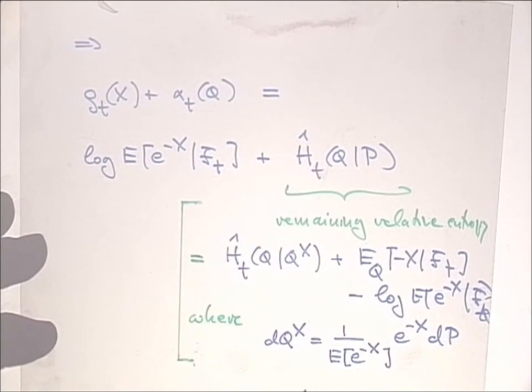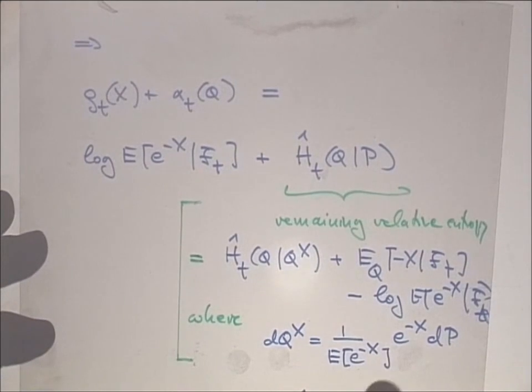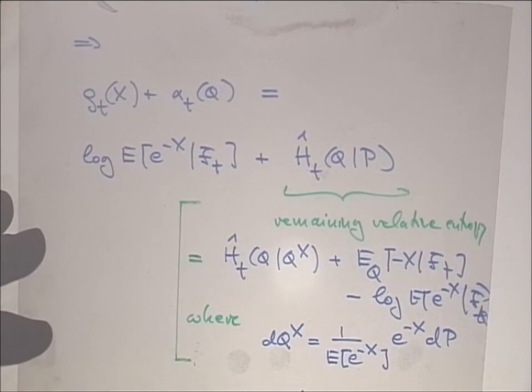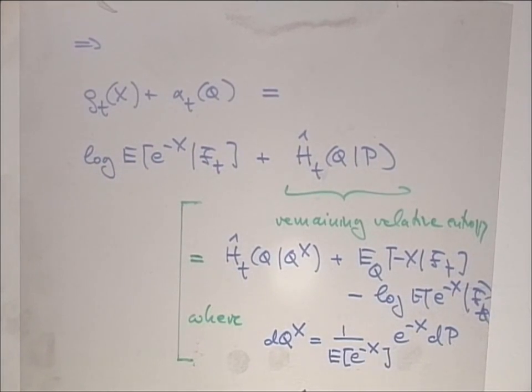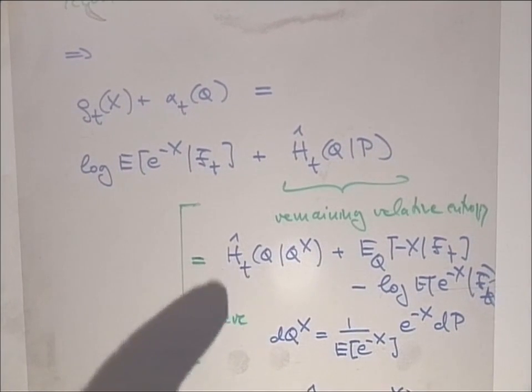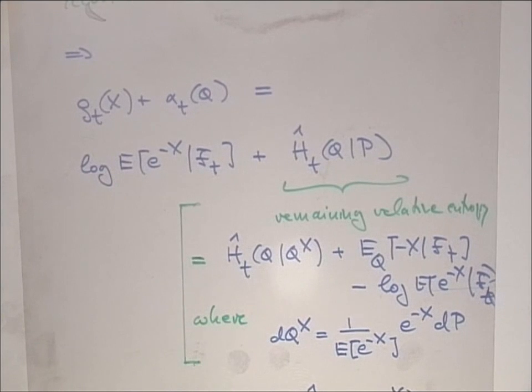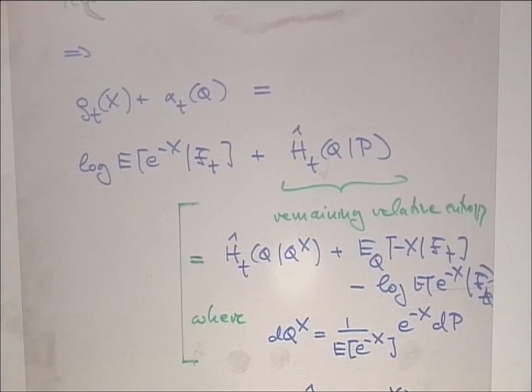Now, to deal with this, I introduce one fixed measure, Q_x, where I use the position we are talking about here to define a Radon-Nikodym density with respect to P. And then by the properties of relative entropy, this is equal to the relative entropy of Q with respect to that intermediate model plus a conditional expectation here of the log of the density, which gives me these terms. So this cancels, and I get this martingale. And here I get the process of remaining entropies between Q and Q_x.